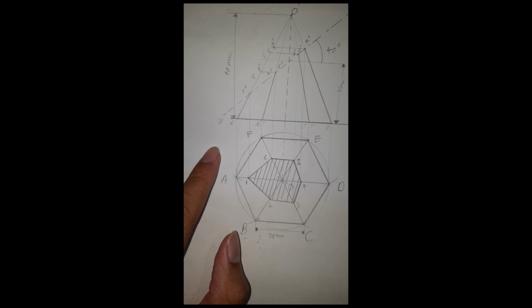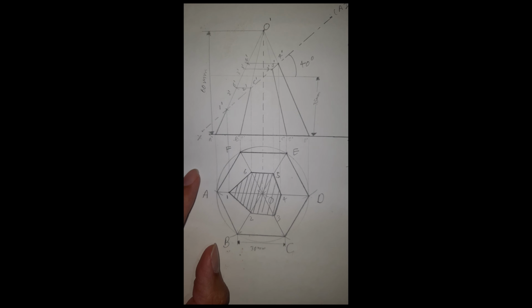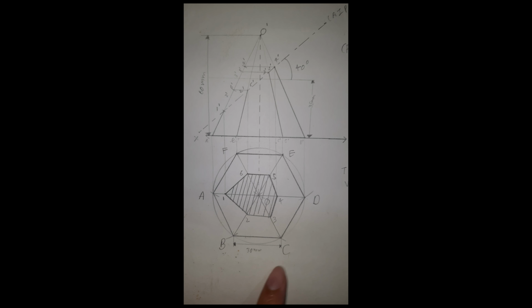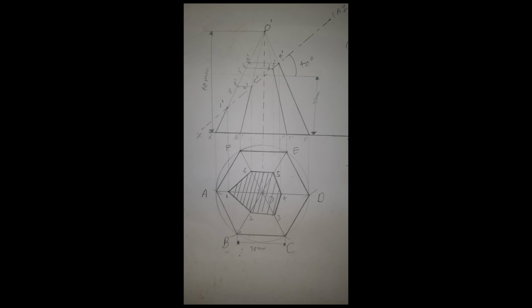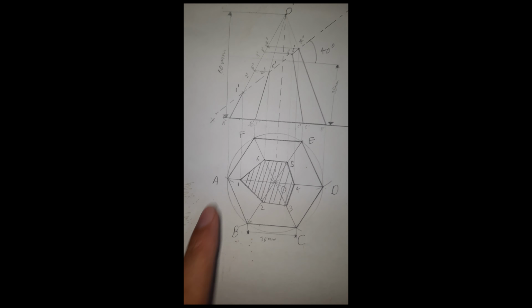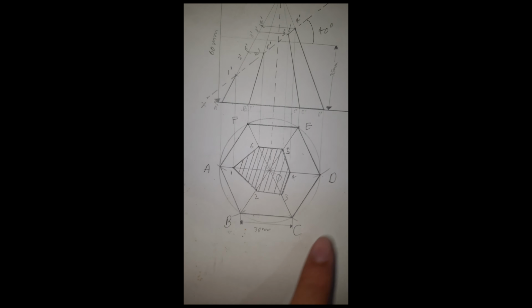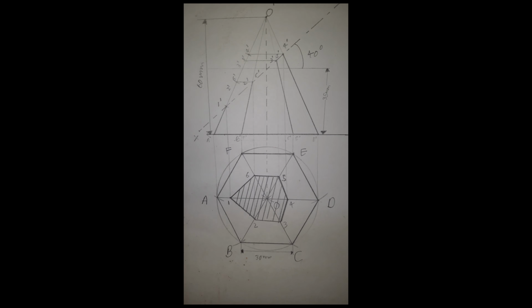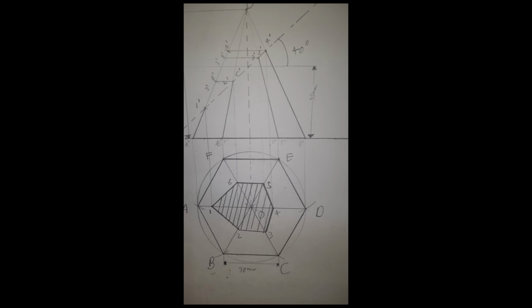After drawing the circle of 30 mm, that is 3 centimeter radius, we took the distance of 30 mm in the compass and plotted D, C, B, A points from F and E, and joined these points to get the base of the hexagonal pyramid.